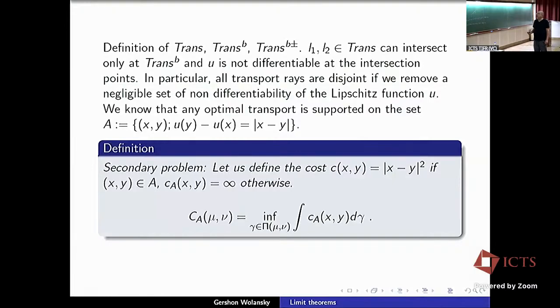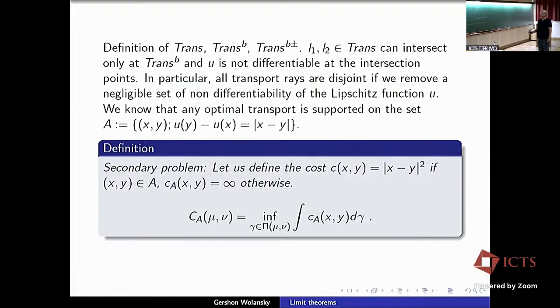So the trick we are going to use now is we want to get rid of all non-monotone plans, because we know there is no uniqueness in the metric case. So we define this funny cost called c_A.